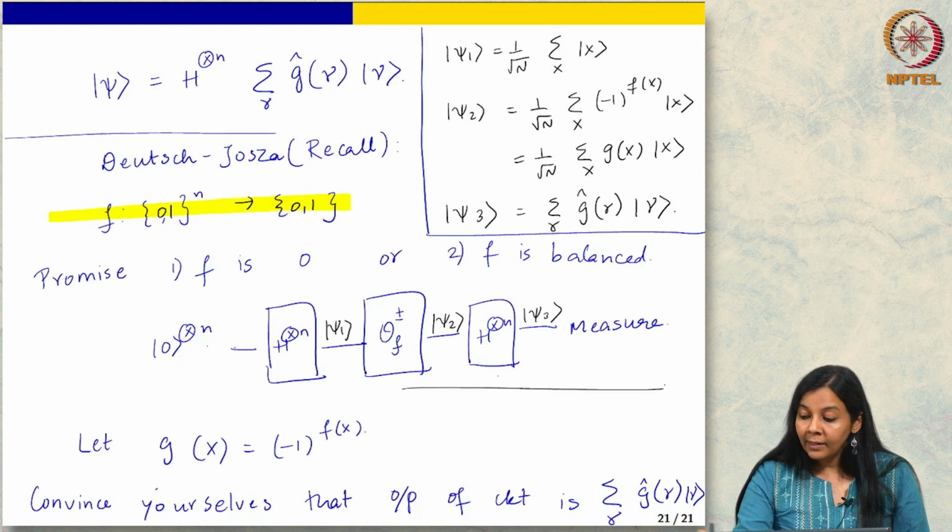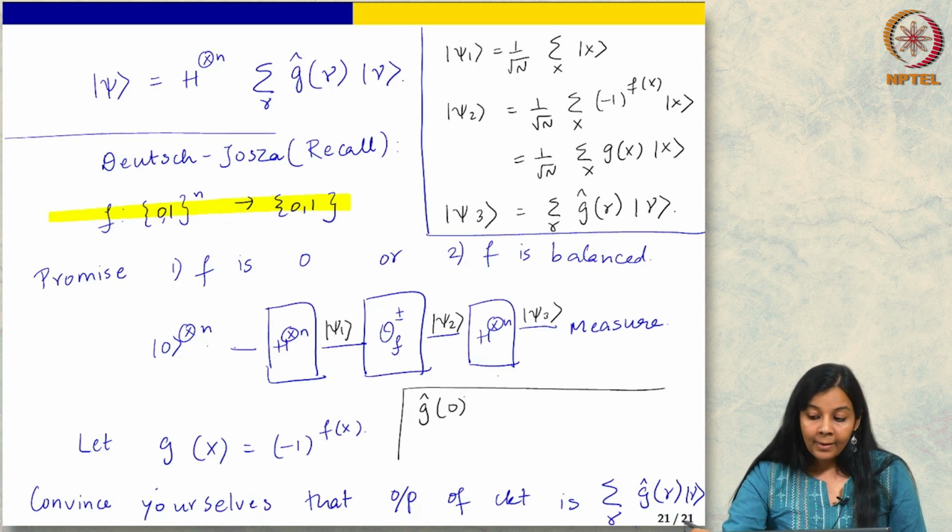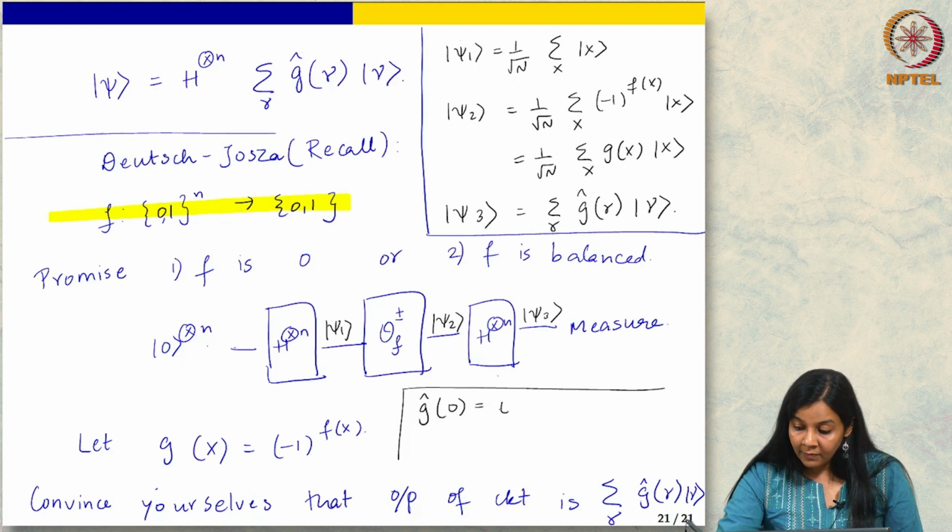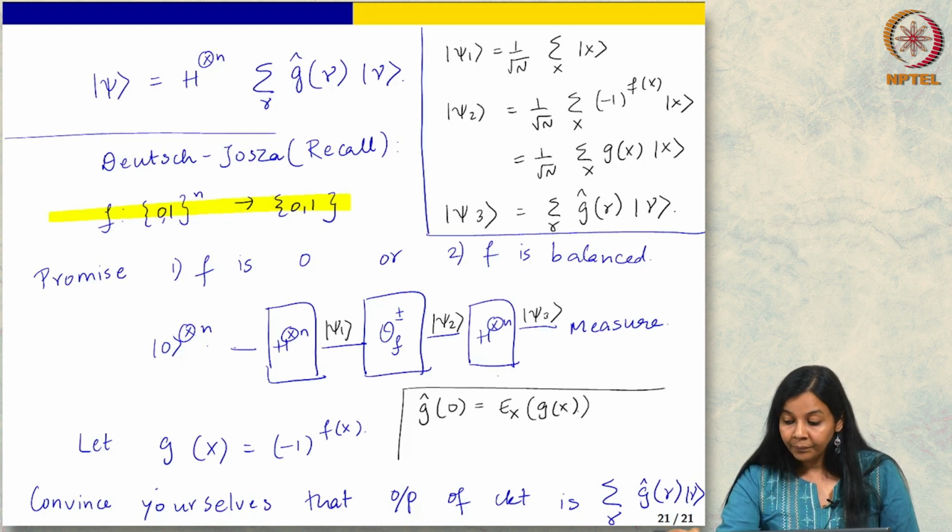So now let us examine what happens. What is g hat of 0? Remember, g hat of 0 is just the expectation over x of g of x. We saw this.